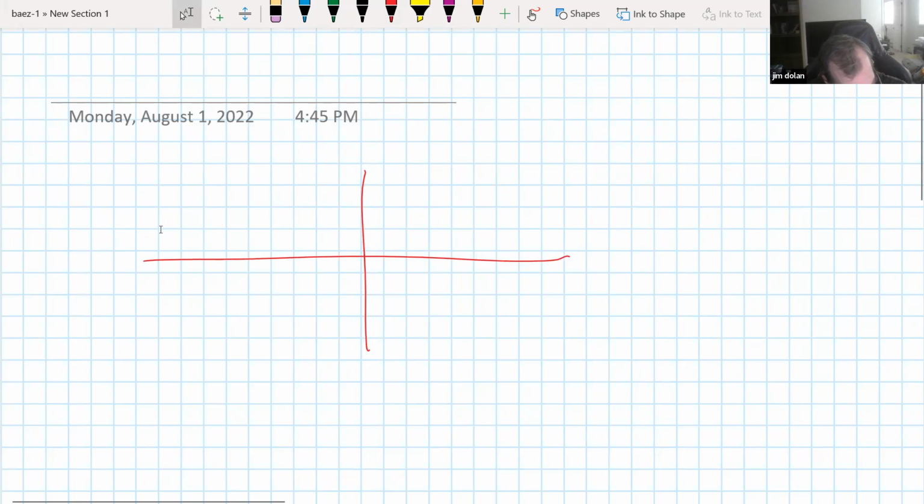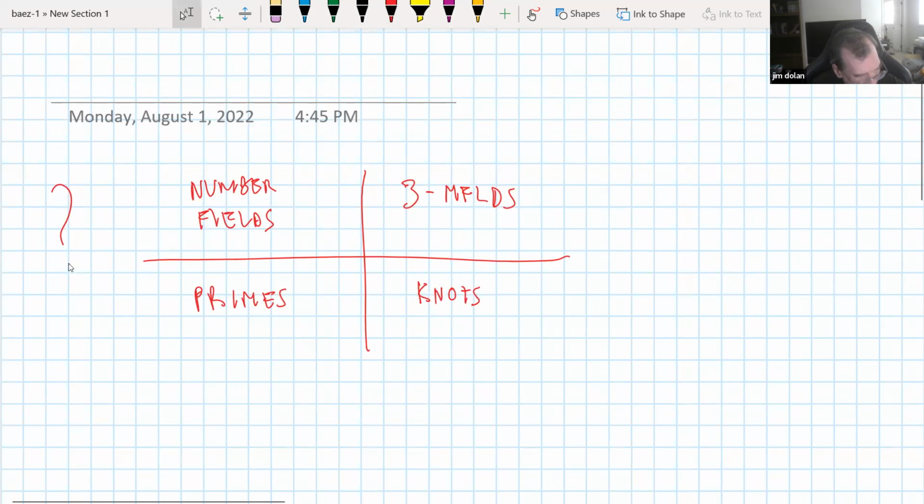It goes something like: number fields and primes that belong to number fields in some sense, and three-manifolds of some kind, maybe compact three-manifolds, and some sort of knots in them. So what do you know about this? Is there like a big analogy like this that we have to learn?